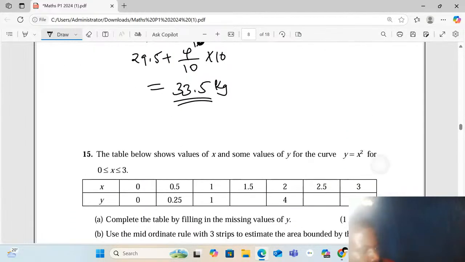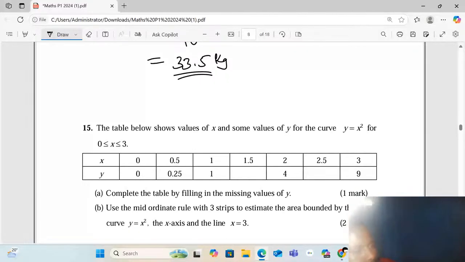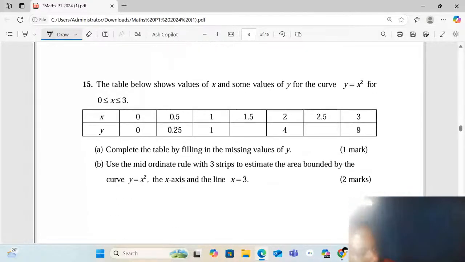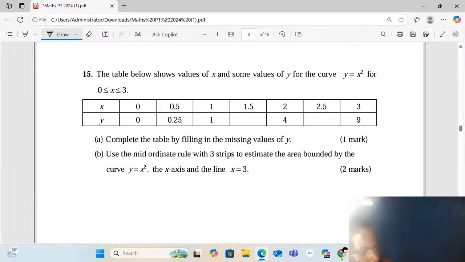Then we move to question number 16. And this one is a bit simple. Sounds kind of simple enough.